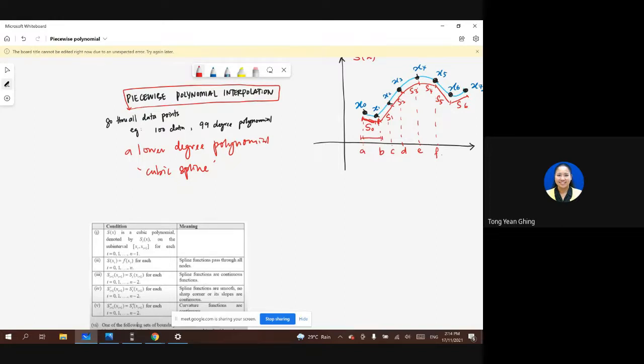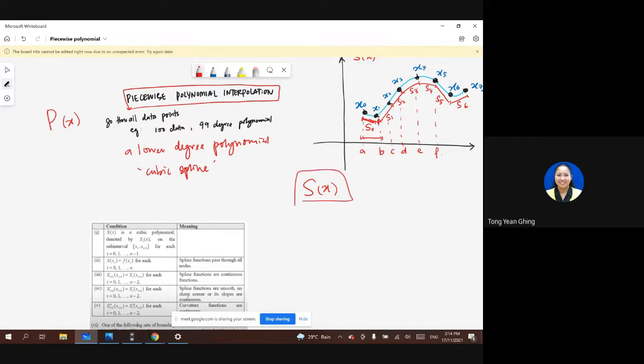In a cubic spline interpolation, from now on we normally use S(x). Before this, for Lagrange interpolation and Newton divided difference, we usually used P(x). Now we will use the term S.